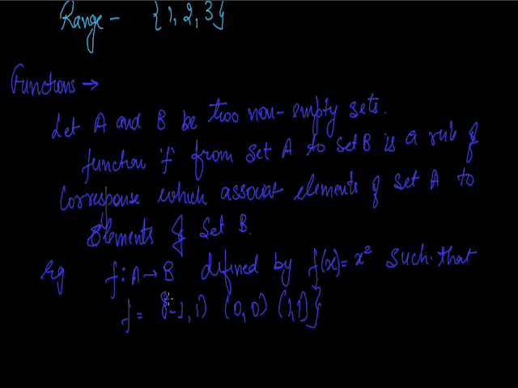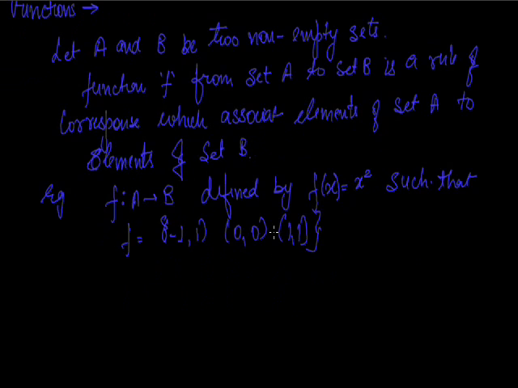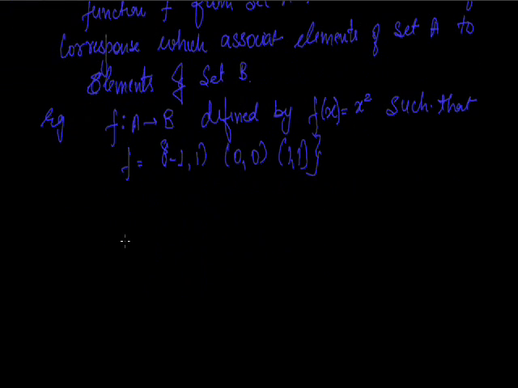This is the function. So we can draw it diagrammatically this way. This is set A and this is set B. In set A there are elements minus 1, 0, 1, and in set B there are elements 0, 1 and 2. Minus 1 is related to 1, 0 is related to 0, and 1 is related to 1.